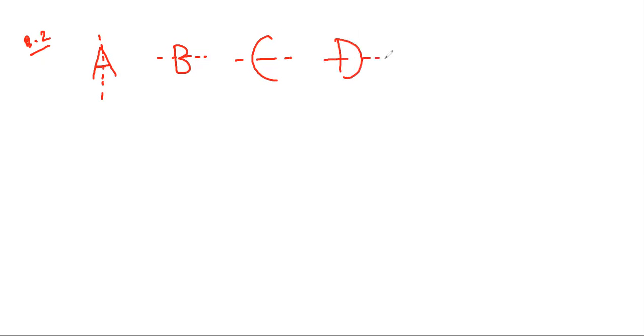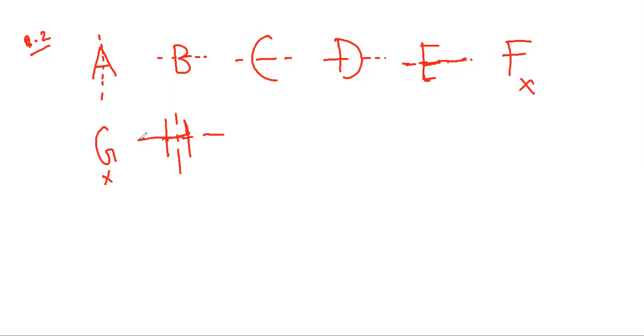D also has reflection symmetry. E also has reflection symmetry. This is the line of symmetry. F does not have reflection symmetry. G also does not have. H also has reflection symmetry like this, and in this way also. We have to draw only 5 letters. Draw A, B, C, D, and E. That's it.